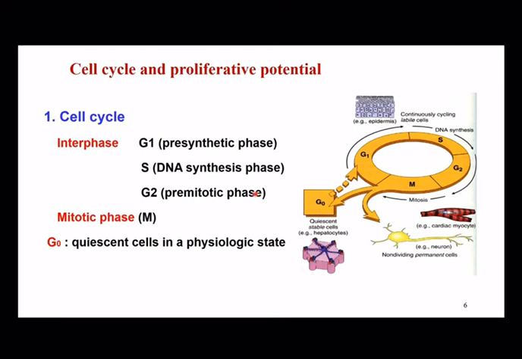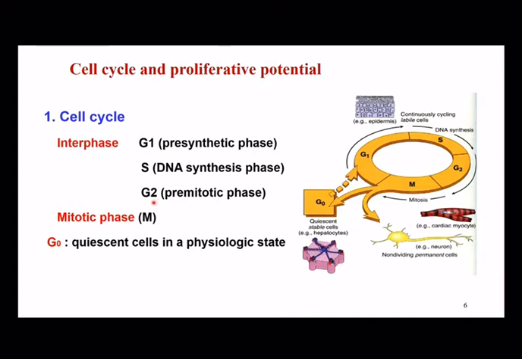In order to understand regeneration, we need to know the cell cycle. Cell cycle includes interphase and mitotic phase M. The interphase consists of pre-synthetic phase G1, DNA synthesis phase S, and the premitotic growth phase G2.